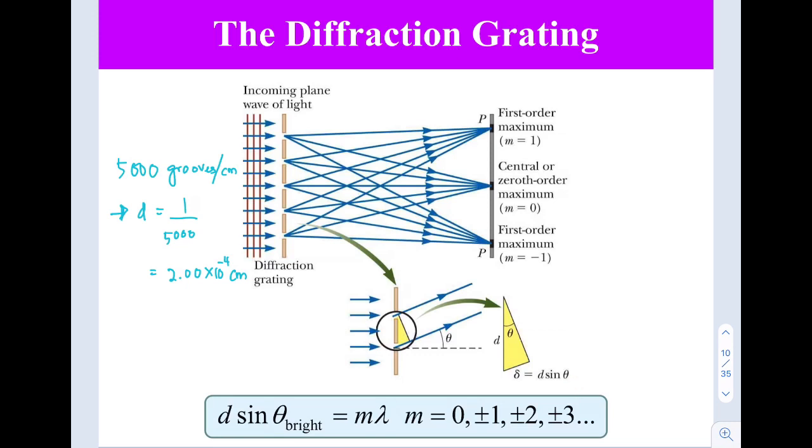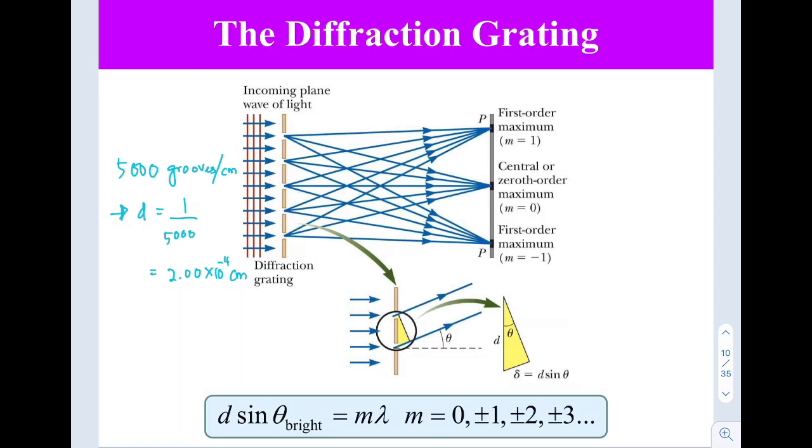If this path difference equals one wavelength, or a multiple integer of one wavelength, waves from all slits are in phase and a bright fringe is observed on the screen. Therefore, the condition for maxima in the interference pattern at the angle theta bright is given by this equation.